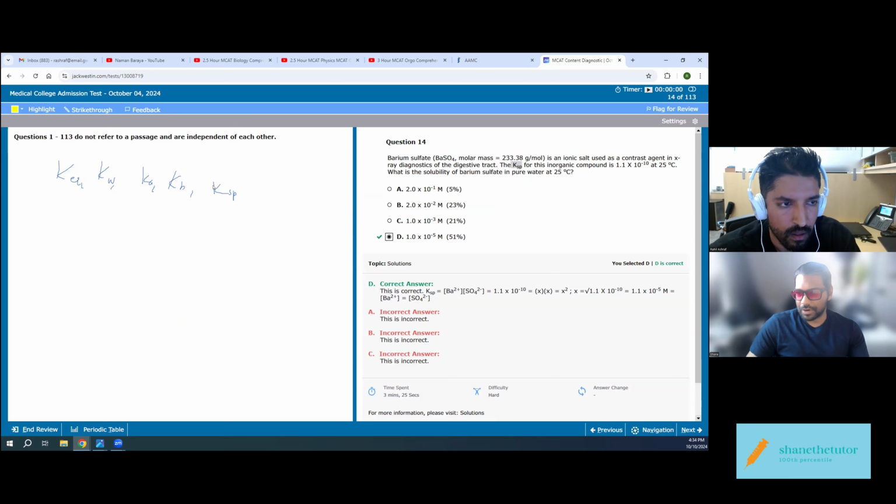That stuff is derived from something called the law of mass action, which is essentially just products over reactants, right?